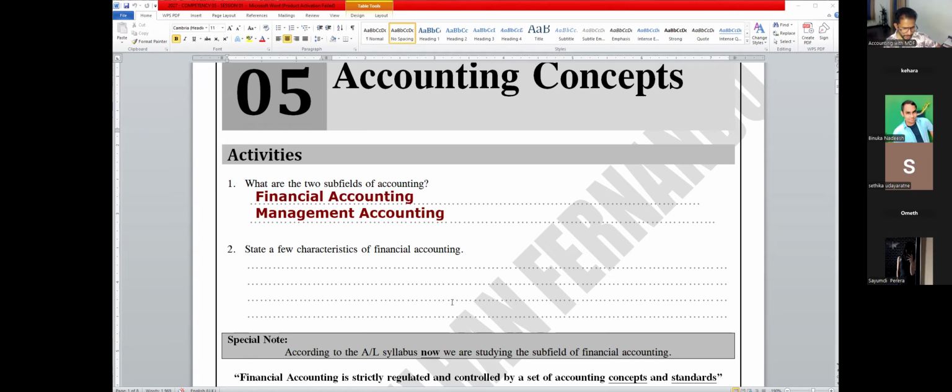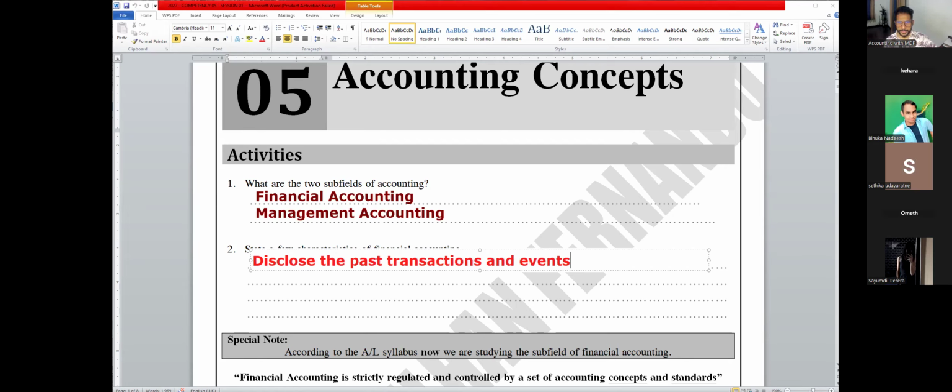Then Puta, if you can remember, can you recognize a few characteristics of financial accounting? I'm going to write these down. The first one is: disclose past transactions and events.